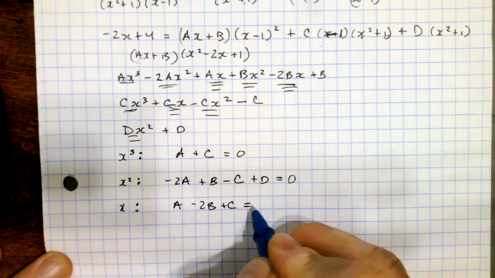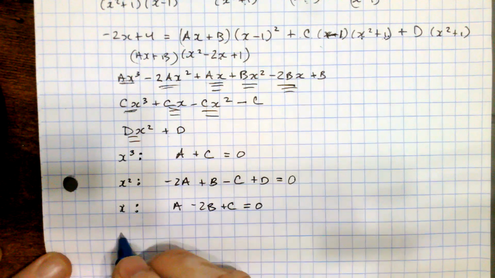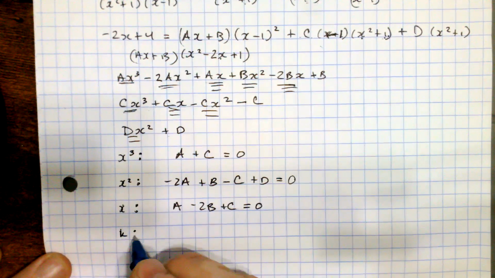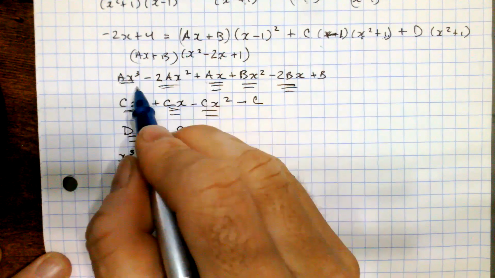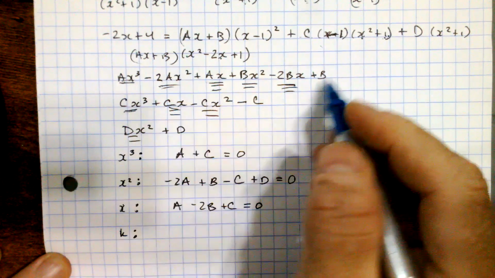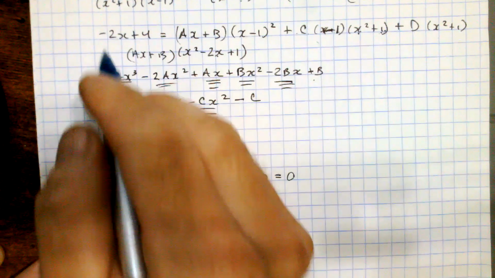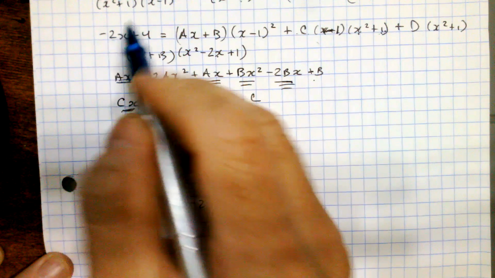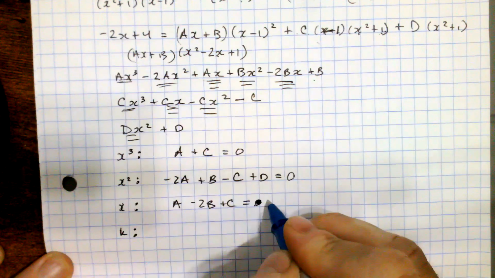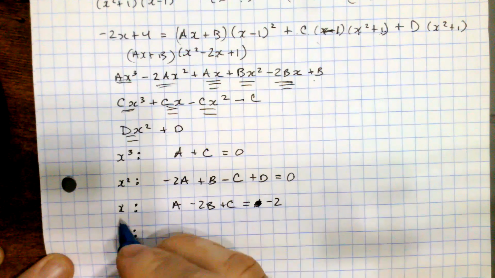And that's it. Well, that's not going to equal 0. Sorry, for the x term, I do have negative 2 on the left-hand side. So this actually isn't equal to 0. It's a minus 2. Sorry about that. I didn't resolve the next term already.